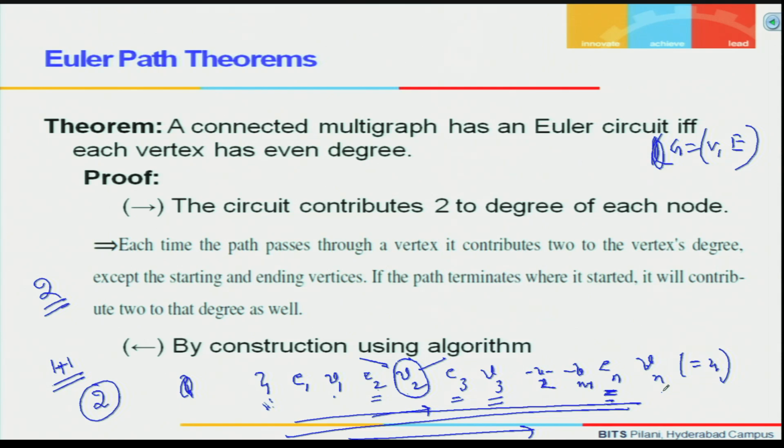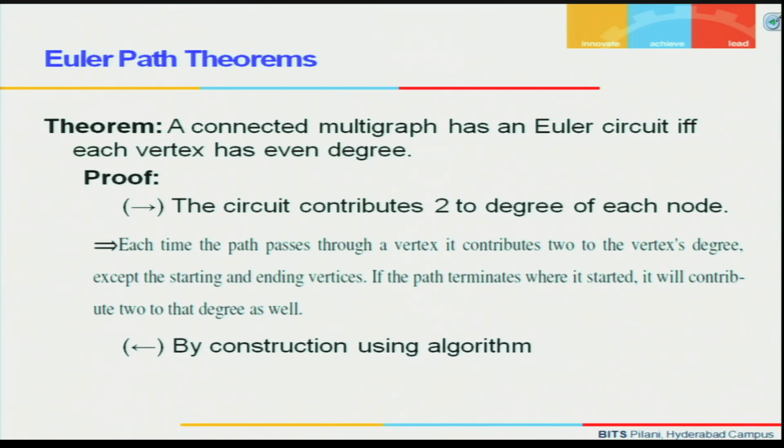Hence we can prove the if part: if a connected multigraph has a Euler circuit, then by approaching this way, by taking a Euler circuit, we can prove that each vertex has even degree.